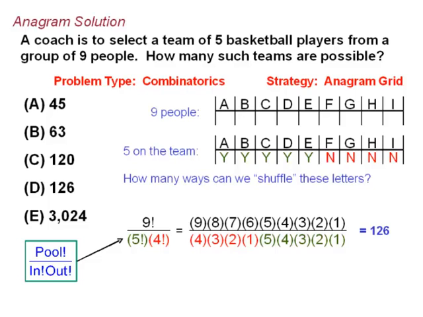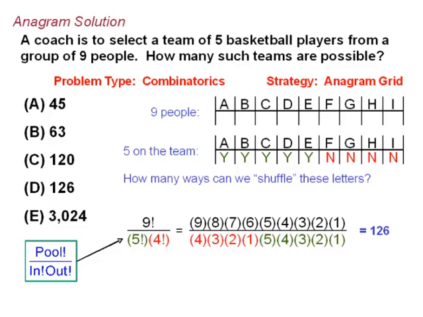And here's where things get automatic. The anagram grid just tells you what goes in the denominator of the formula. The top of the formula is always going to be a factorial with the number of available players in this case, or the pool from which you have to choose. So 9 factorial, the total group, goes on top. And all the action in these problems really happens in the denominator, what goes there.